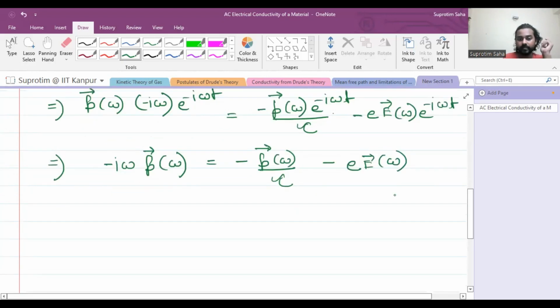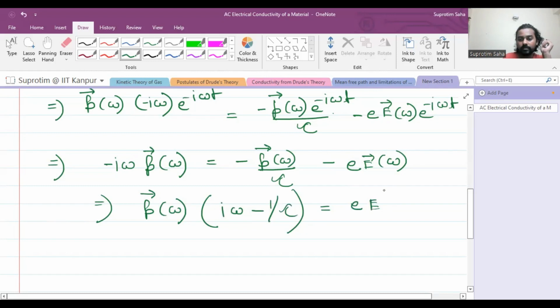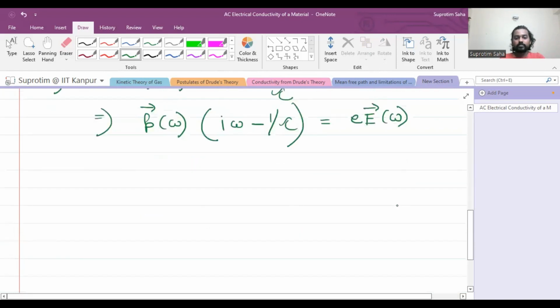All right. Now this implies p of omega times (i omega minus 1 over tau) equals minus e times the electric field vector. Understood?